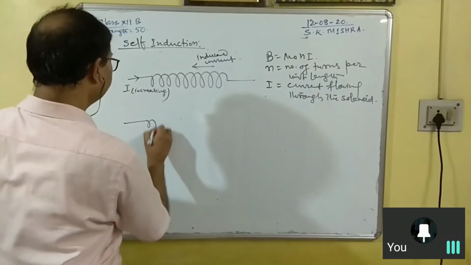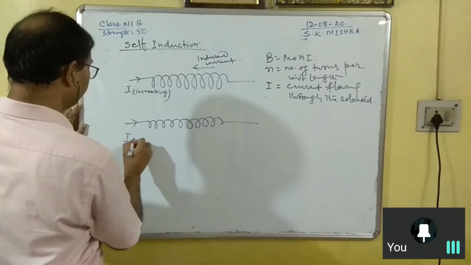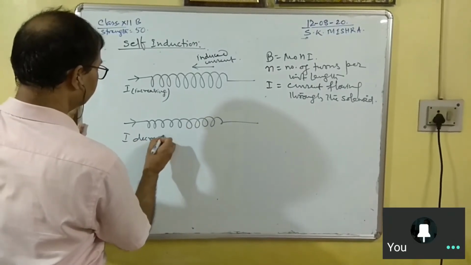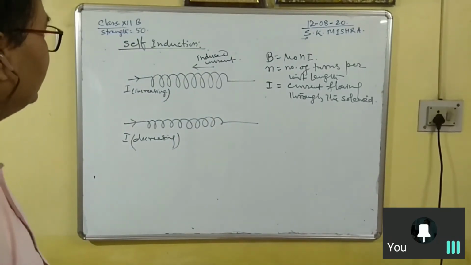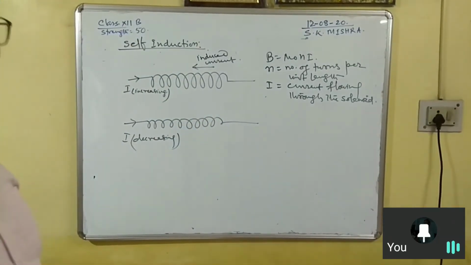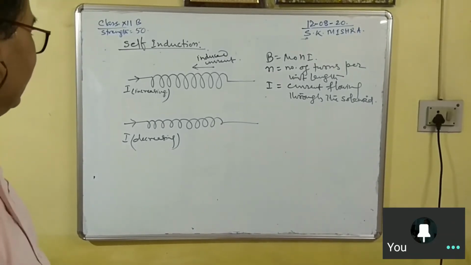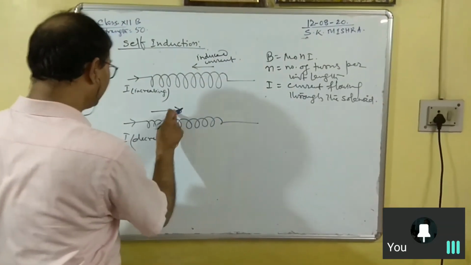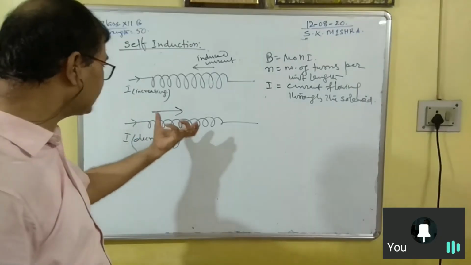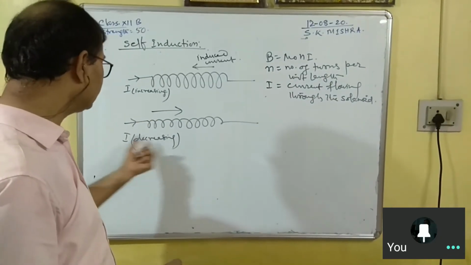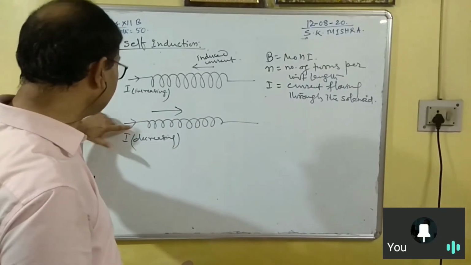Now see the scenario. If you have the same solenoid and a decreasing current I is flowing, then guess in what direction the induced current will flow? The induced current will flow in the circuit along the same direction. Then only it will support the reason. Since the reason for production of induced current is the decrease in I, this decrease will be supported by induced current flowing along the same direction.